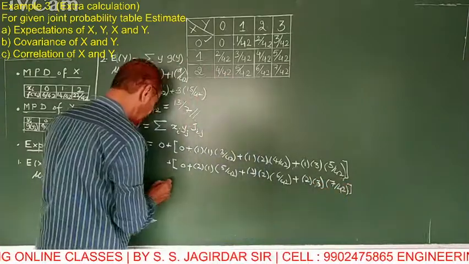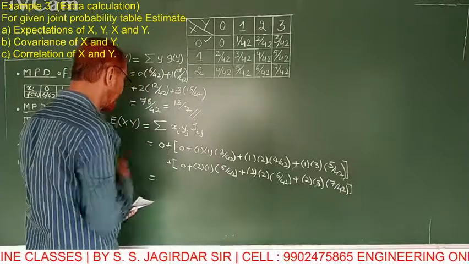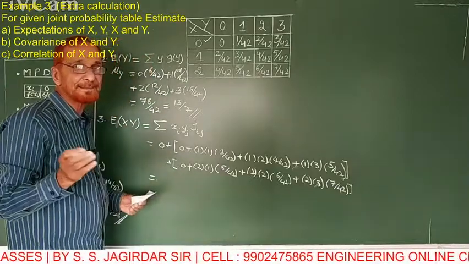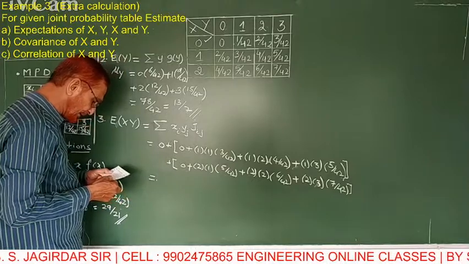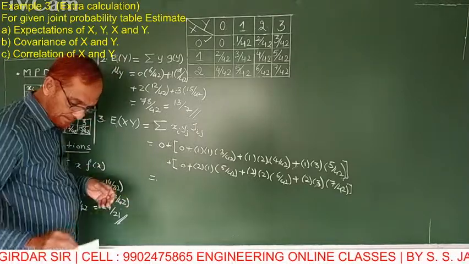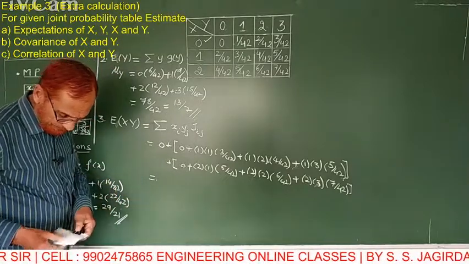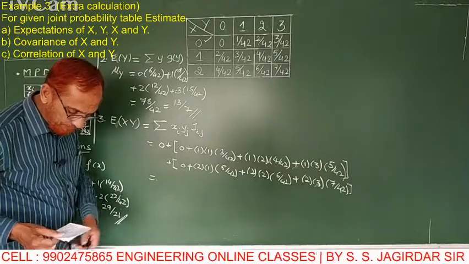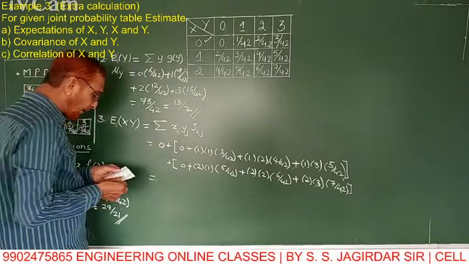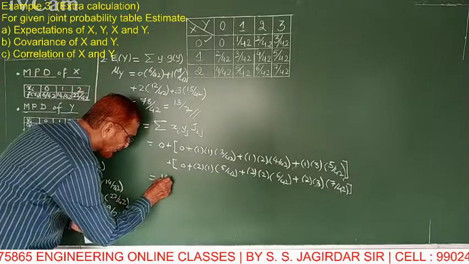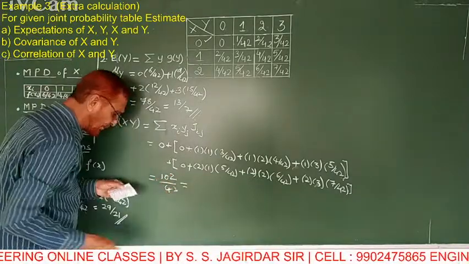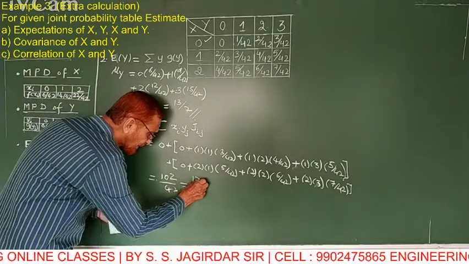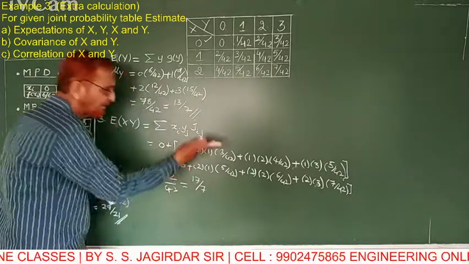So this all, if you work out, you will get the expectation of xy. So gentlemen, you work out, and the result that you will get will be 102 upon 42, which simplifies to 17 upon 7.